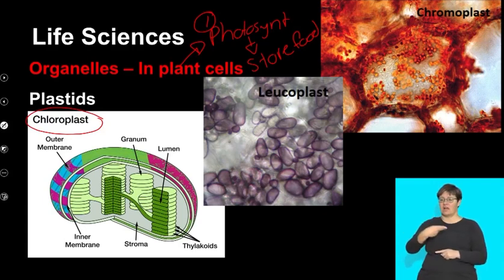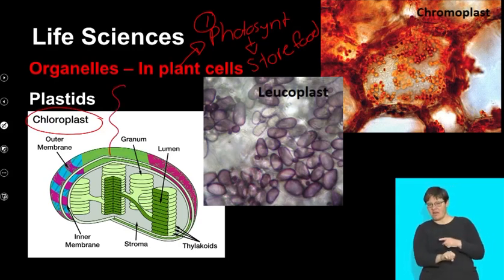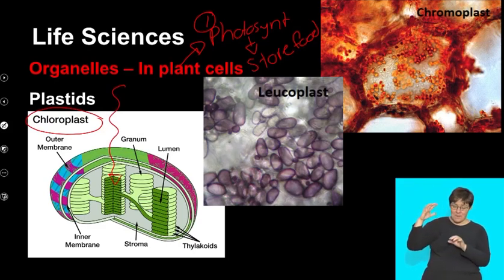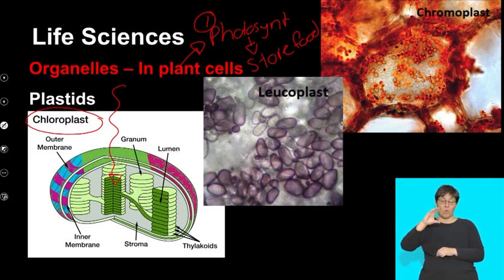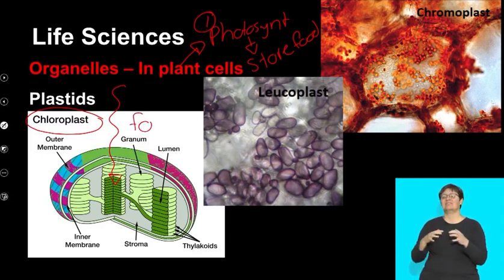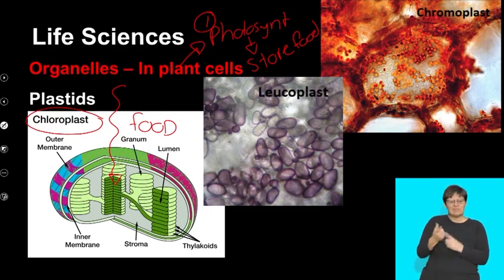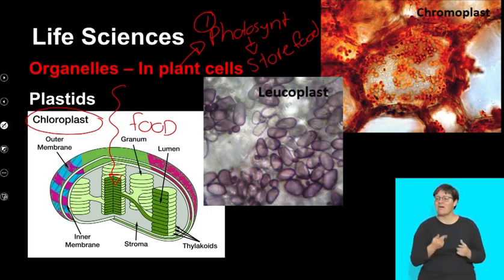And basically what happens is you'll look at it later on in your life science chapters, that when sunlight hits the chloroplast, a whole lot of things are going to occur. And at the end, what is going to happen is they are going to make the food. Now, what plants do is they are going to store the food. And how they store it is going to be in these cells.